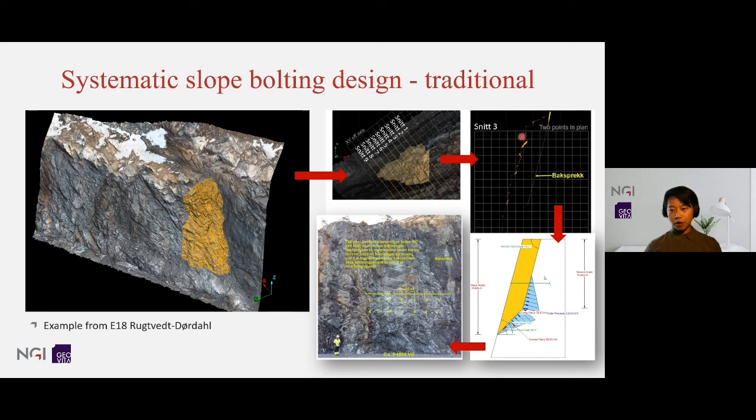Then we find a typical cross section of the slope, put it into a program or calculate by hand the necessary support capacity. And then maybe we put it in a picture and send it to the client or the contractor. But sometimes there could be an information flow error, or maybe the contractor does not understand your drawing. And with this mistake, there can be a rock slope failure, and it could cause a lot of trouble.